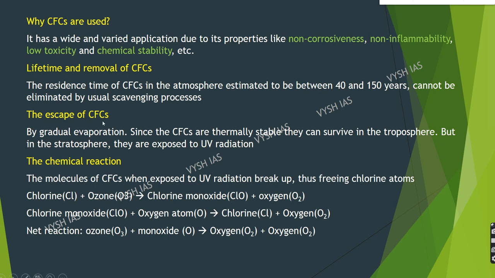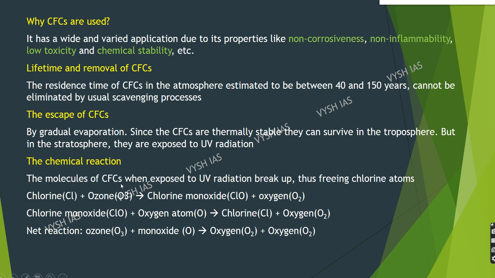The escape of CFCs. CFCs enter into the atmosphere by gradual evaporation from their source. Since CFCs are thermally stable, they can survive in the troposphere, but in the stratosphere they are exposed to UV radiation. They escape into the atmosphere from a discarded refrigerator and from other sources. Chemical reaction.